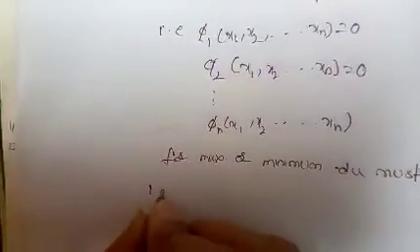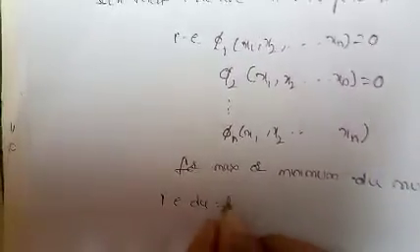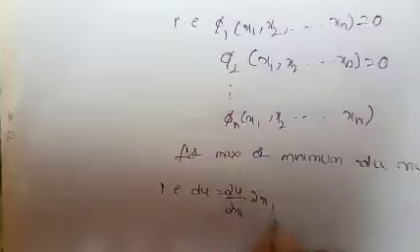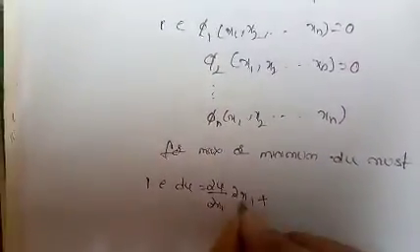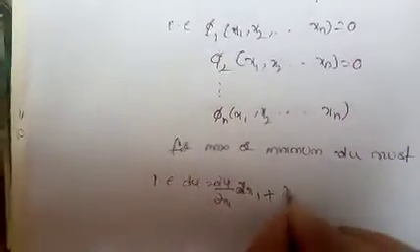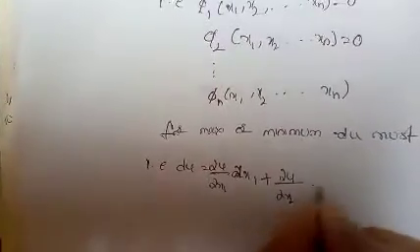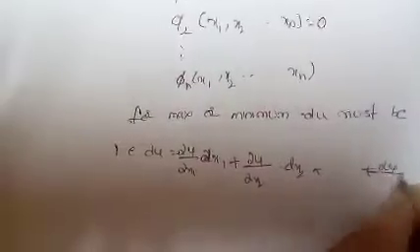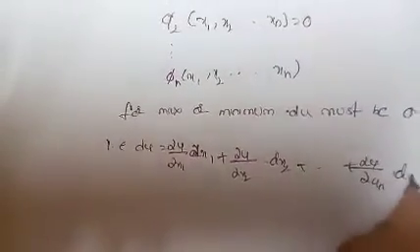So that is du equal to dou u by dou x1 into dx1 plus dou u by dou x2 into dx2 plus and so on dou u by dou xn into dxn equal to 0.